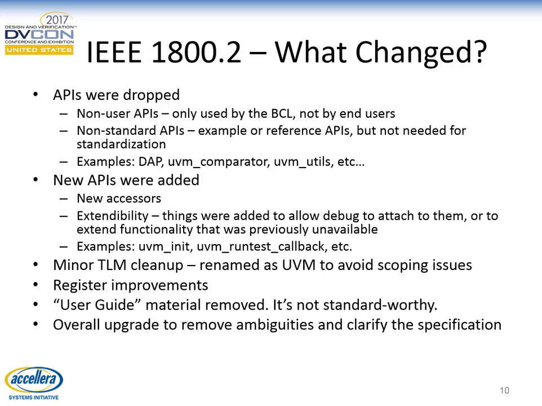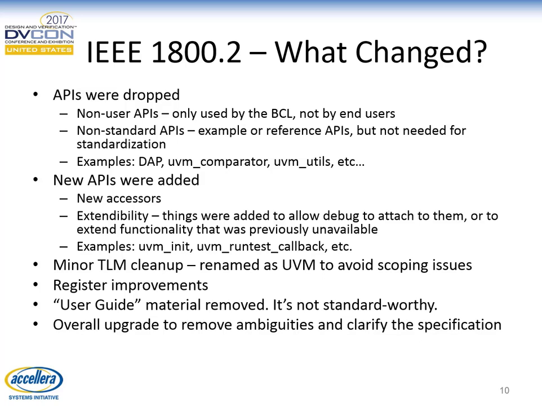A lot of APIs that only the writers of the library cared about, of the actual implementation that we were releasing. So we decided, okay, let's just get rid of those. They're not APIs that the end users need, okay? They're just APIs that are there because we use them internally as part of the implementation.